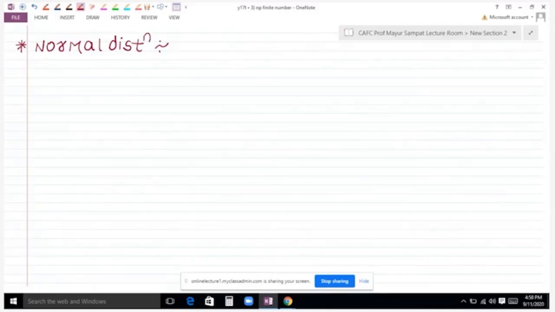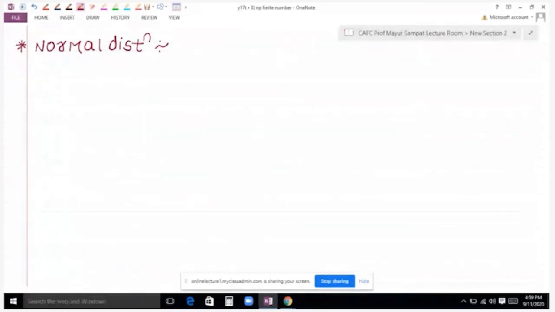Binomial distribution as well as Poisson distribution failed to solve the problem with respect to a continuous random variable. समझा?